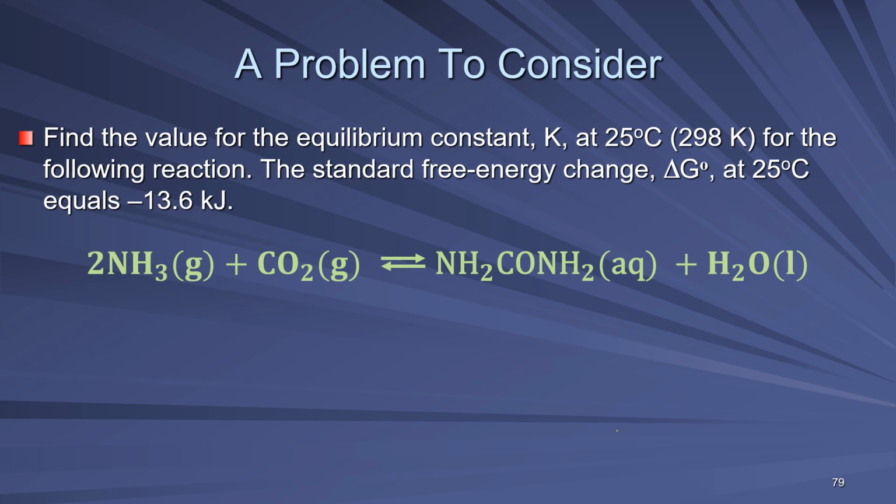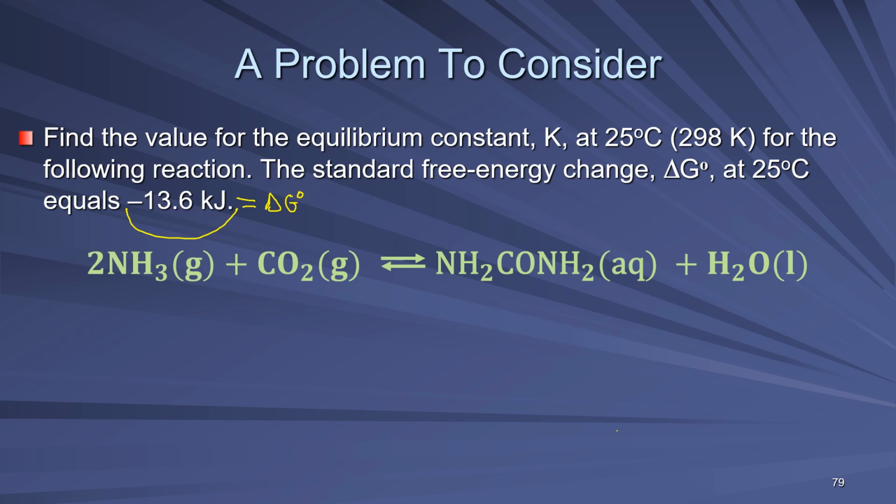So here's the problem. Find the value of the equilibrium constant K for the following reaction. In this case, they're telling you what delta G is. Delta G is negative 13.6 kilojoules. If you weren't given this value, probably somewhere along the line, they would tell you to find it.